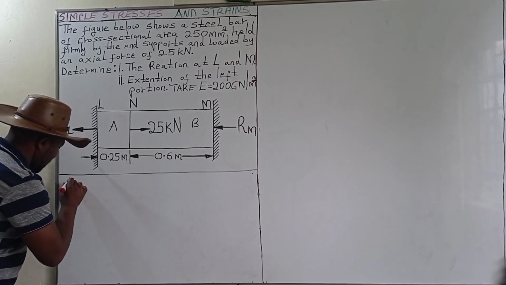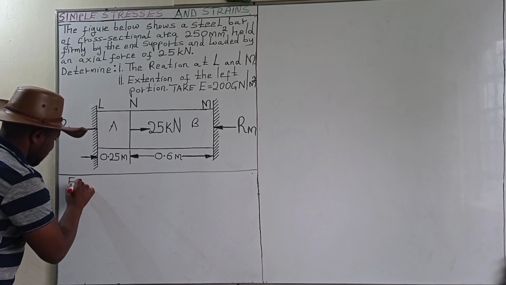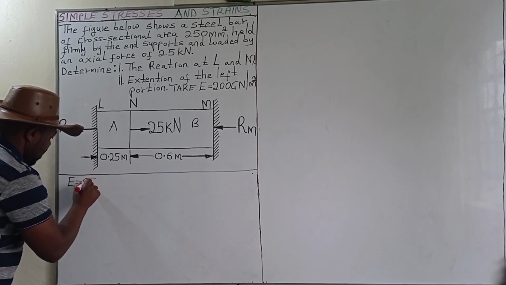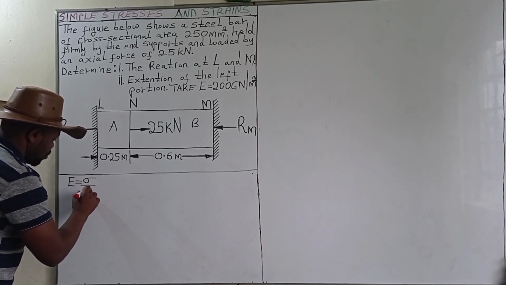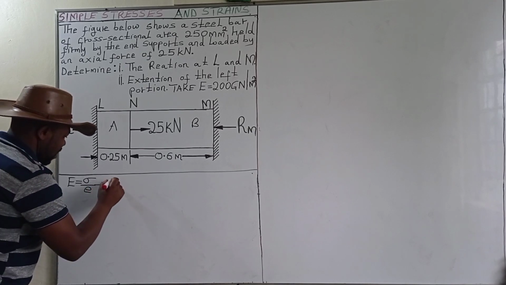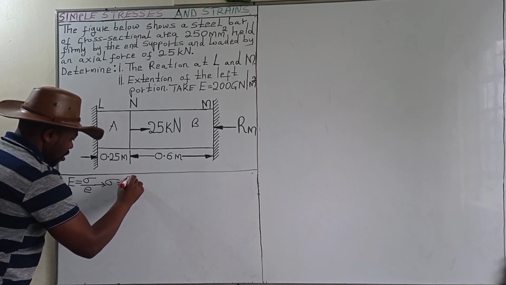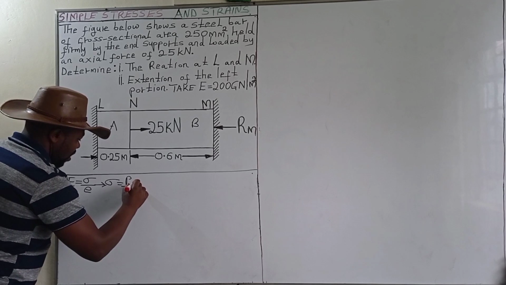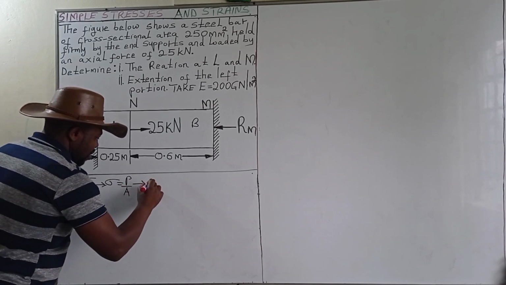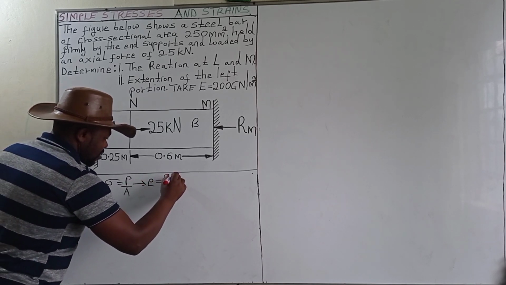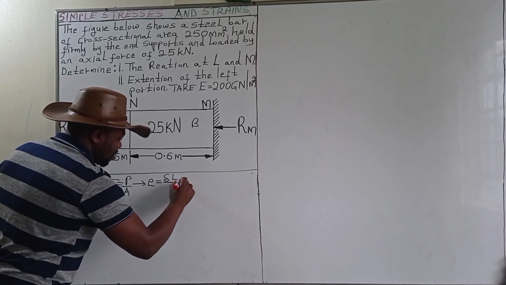Now we know that the Young's modulus of elasticity is given by the ratio of stress to strain. We also know that stress is given by load divided by cross-sectional area, and strain on the other hand is given by the ratio of changing length divided by the original length.